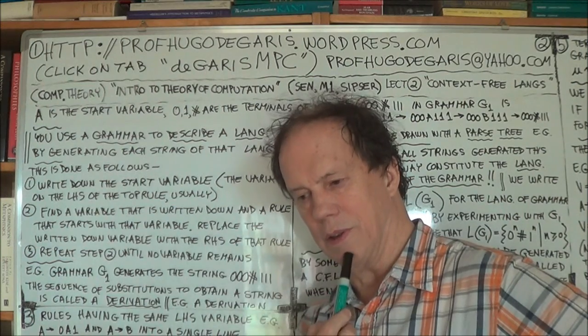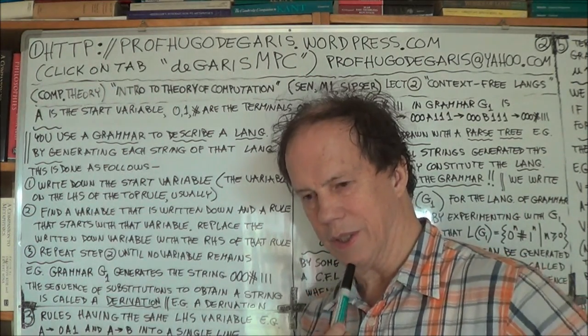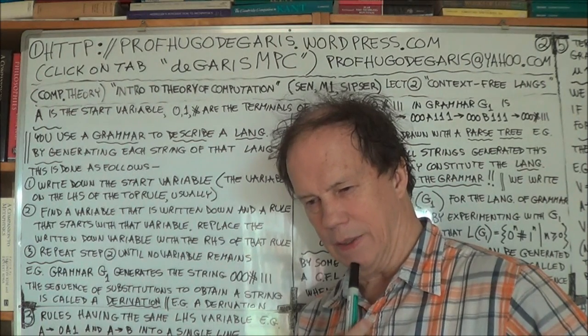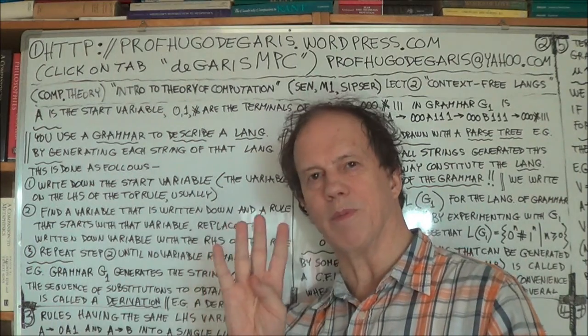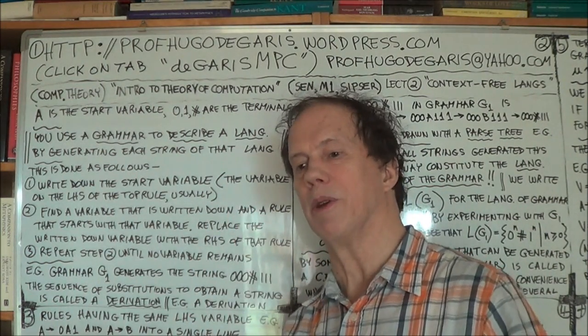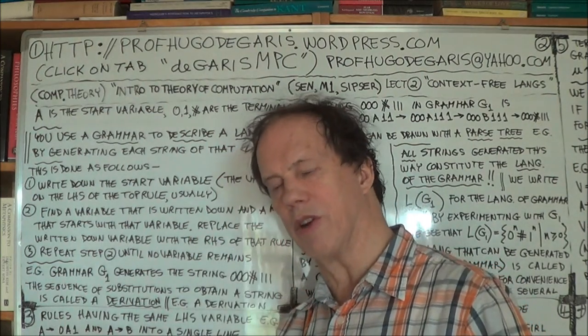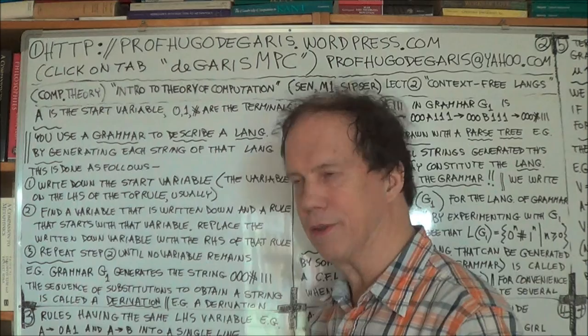Its set of rules, substitution rules or rewrite rules, and the start variable. So those four things. When we come to the formal definition of a context-free grammar, we will use those four things. We will create a 4-tuple, but I'm getting a little ahead of myself.